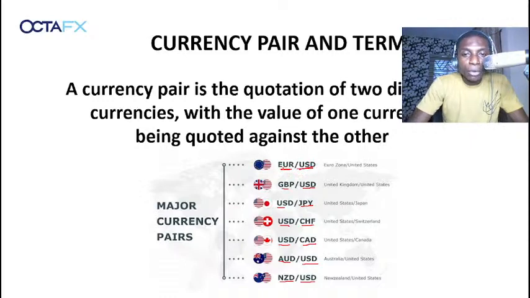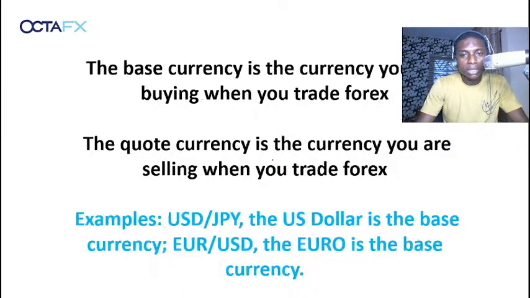This euro is the base currency, and this USD is the quote currency. The base currency, which is euro, is the basis for the transaction. I will explain in our next slide. The base currency is the currency you are buying when you trade Forex.